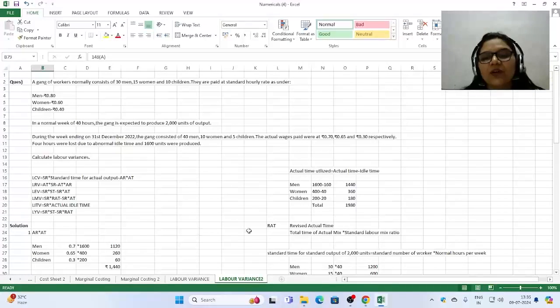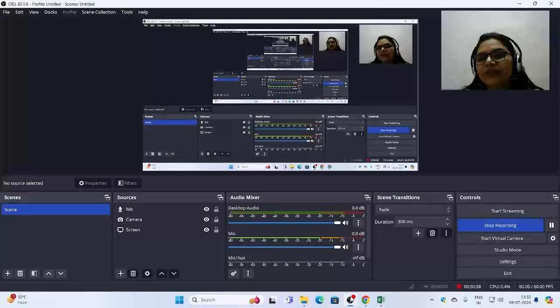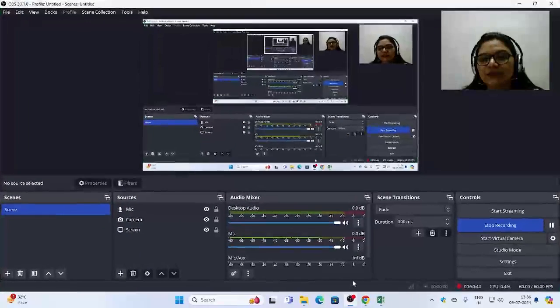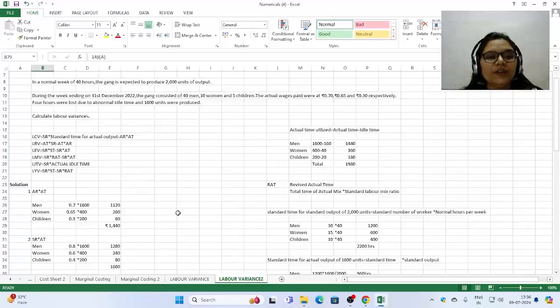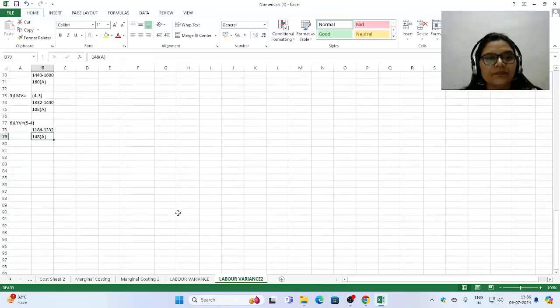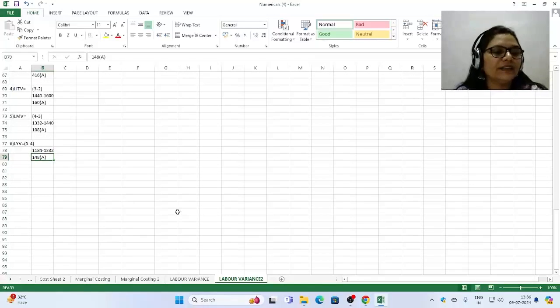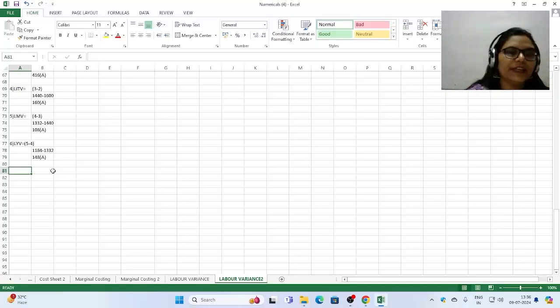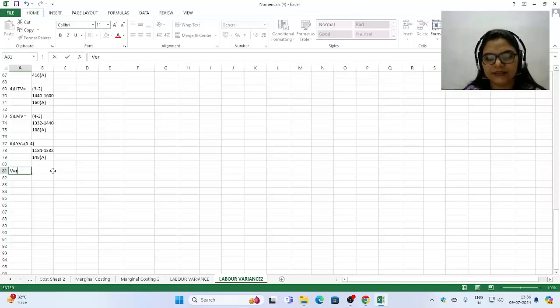Now we will get all these values and we have recorded all these values in a given formula and calculated the labor variances. You can verify these equations. Let us see how you will verify these things.